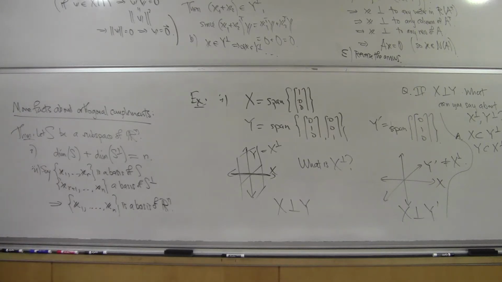So if you have a basis of S and a basis of S perp, then the union of those two bases gives you a basis of Rn.